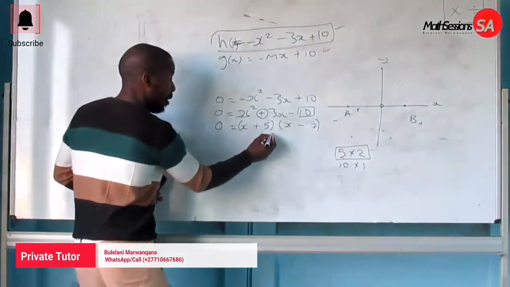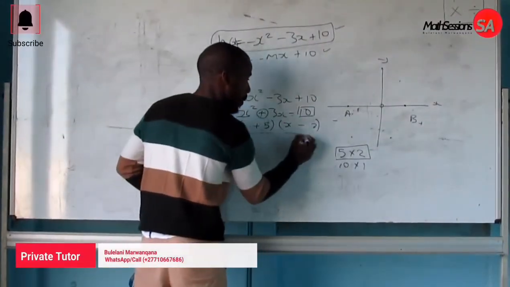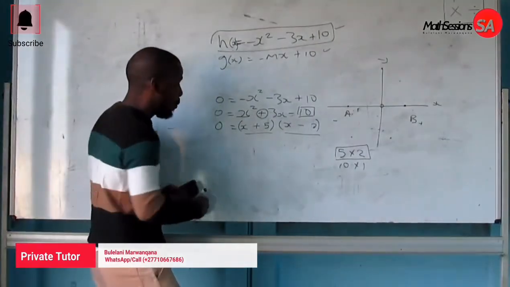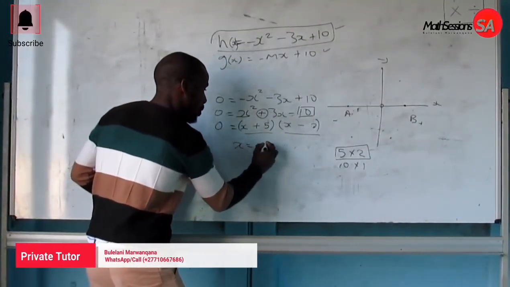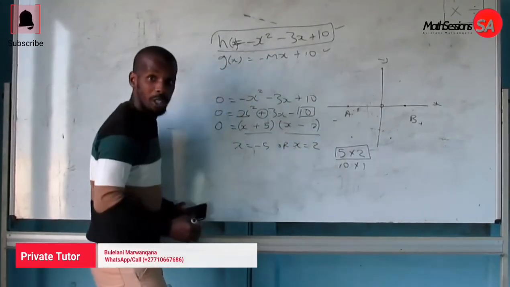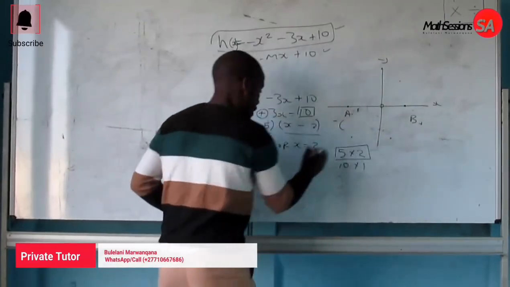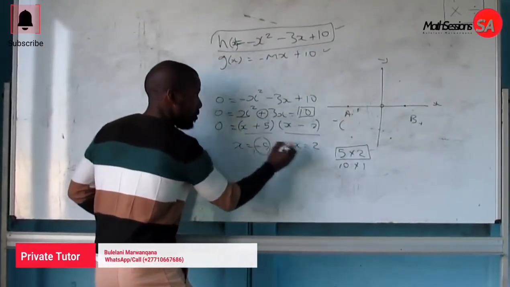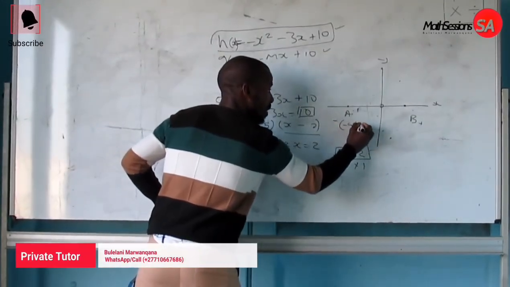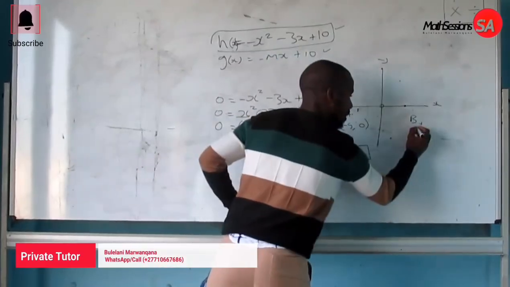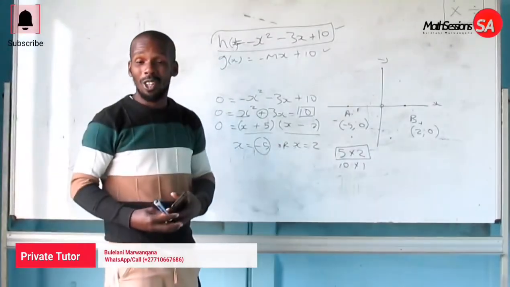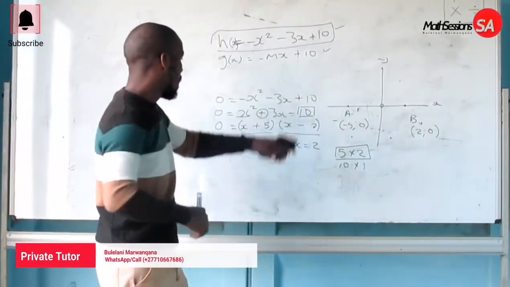So our first bracket is x plus 5, and our other bracket is x minus 2. Therefore, x is equal to negative 5 or x is equal to positive 2. On this side of the Cartesian plane, we have negative 5 and 0, and on this side we have 2 and 0. So now we have found our points A and B.